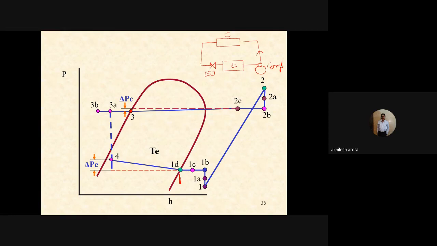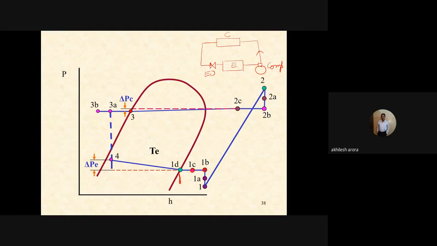If you see from 1D to 1C, there has been some change. This 1D to 1C shows the superheating in the evaporator, and we have already discussed that superheating takes place in the evaporator. 1C to 1B, from this particular point to this state point, is superheating in the suction line.